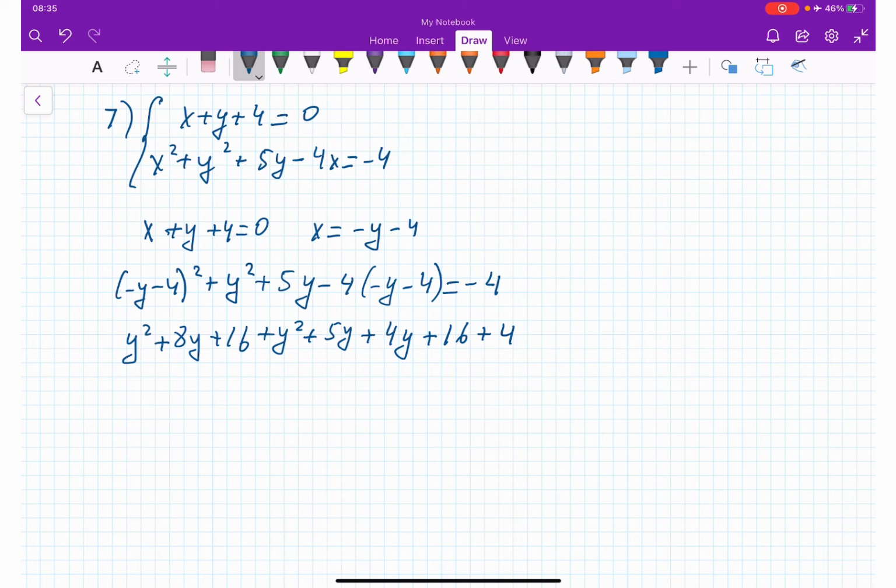Okay, so combining like terms, this with this, this, and this with this with this equals 0. All right.